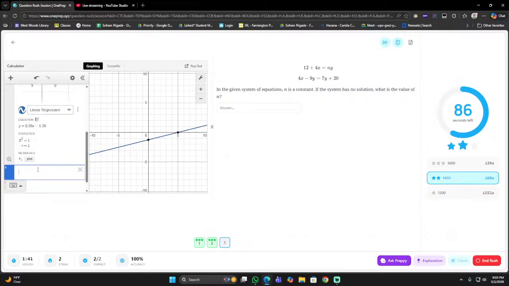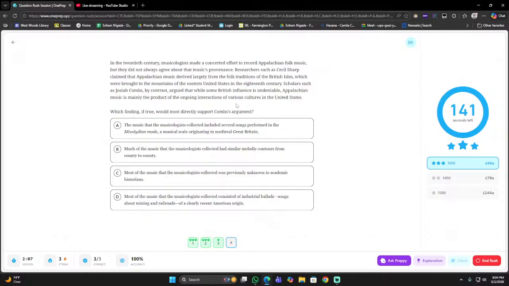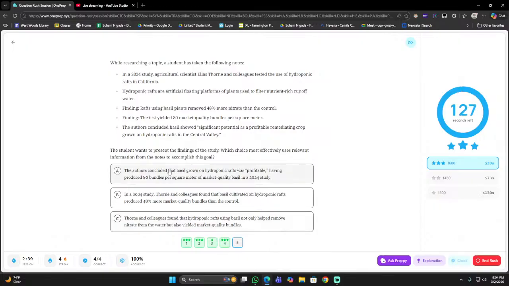For x over n equals 0.25. N is 16, bro. Nice. Findings.